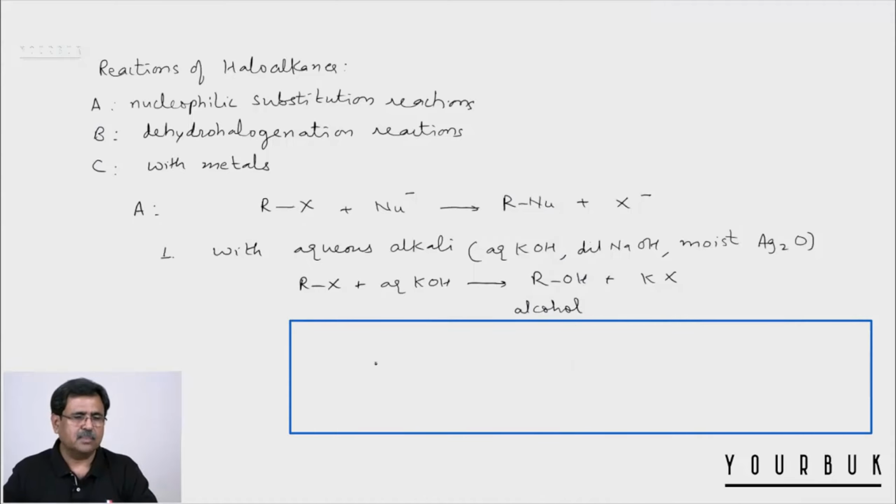Now we will take one example. This is bromoethane, and we are reacting it with aqueous KOH. It forms CH3CH2OH plus KBr. Now this is called ethyl alcohol, so the product obtained is called ethyl alcohol.